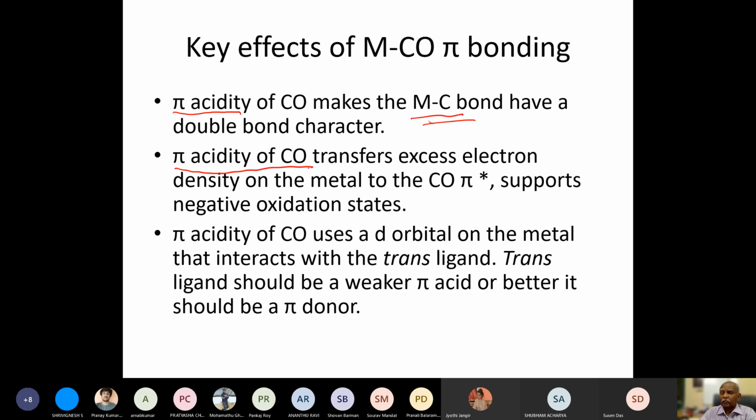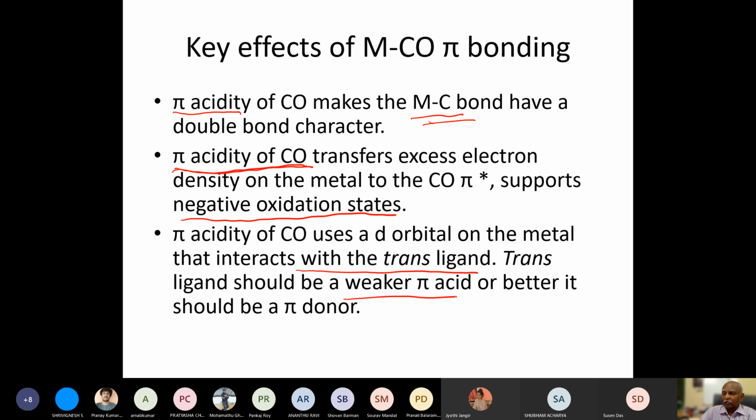Pi acidity of the carbon monoxide is higher in complexes where you have a negative oxidation state, or you have a ligand in the trans geometry which is capable of donating more electron density.